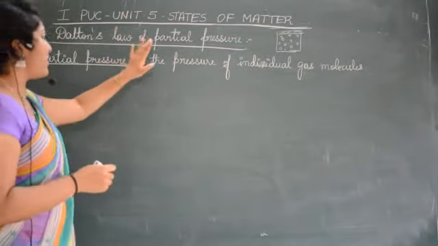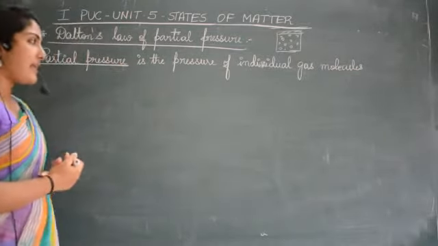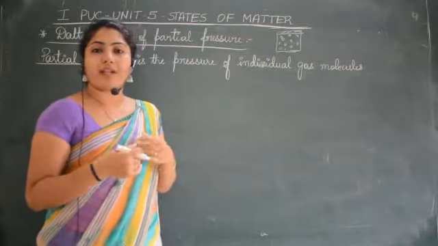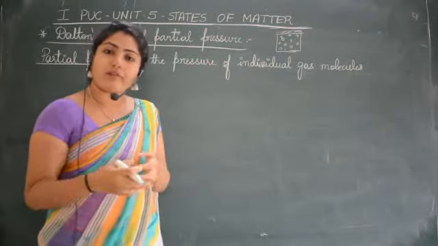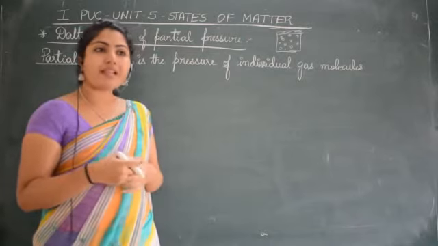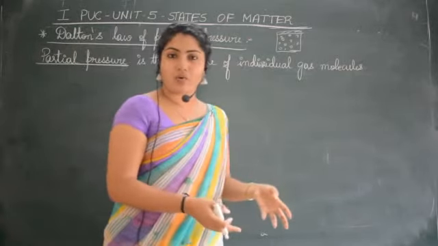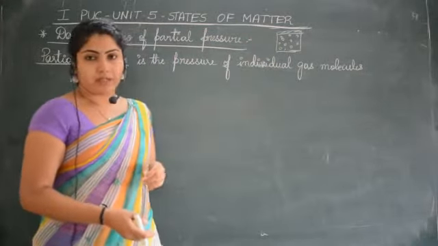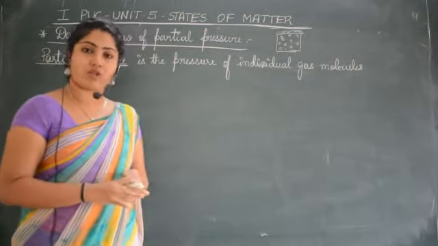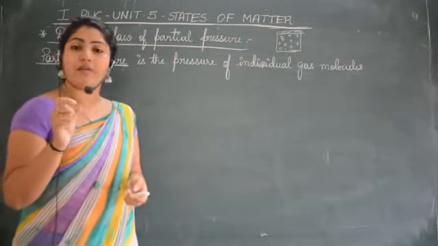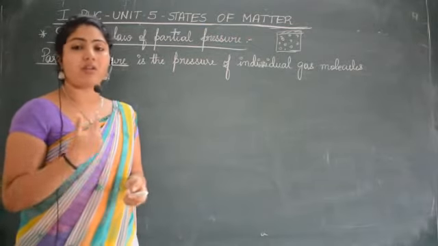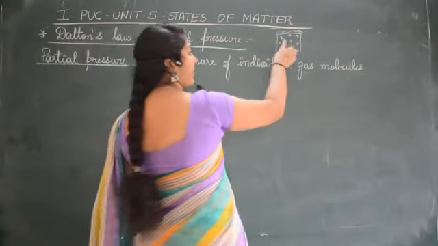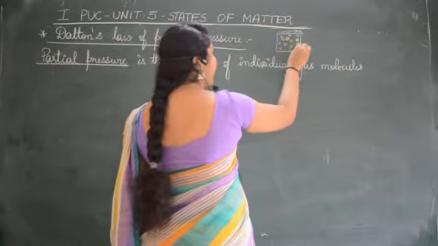Now we will see what Dalton stated. A container is given to you, and if you want to calculate the total pressure of it, how do you calculate? Can you just calculate as a whole? Dalton said, if you want to calculate the total pressure of the whole gas mixture, and that too under a condition, a mixture of non-reactive gases, which do not react with each other, so one is any one gas, the other will be any other gas.